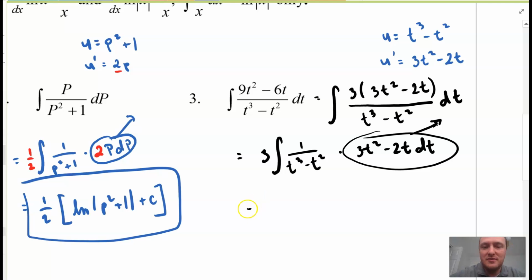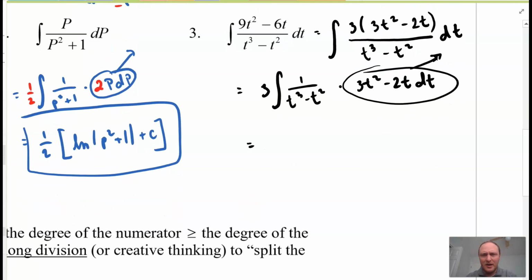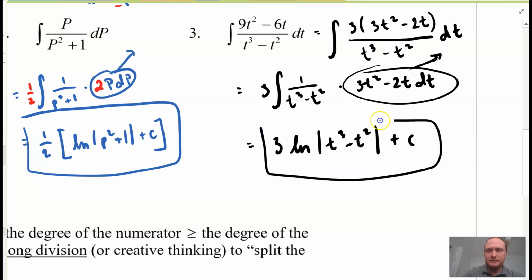And we get 3 times, 1 over a function of x is the natural log of that function. So I have 3 times the natural log of the absolute value. Don't forget your absolute value. Plus c. And there you have it. Not bad, not bad.